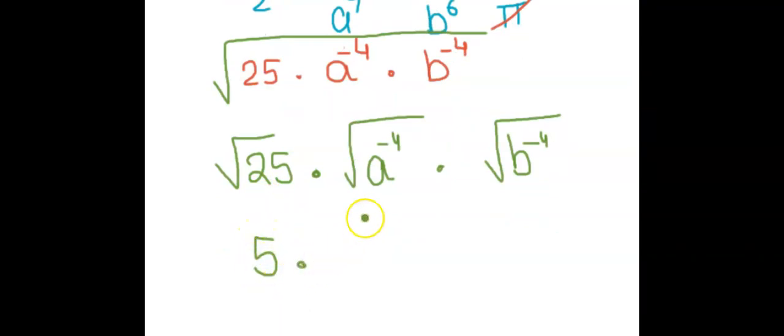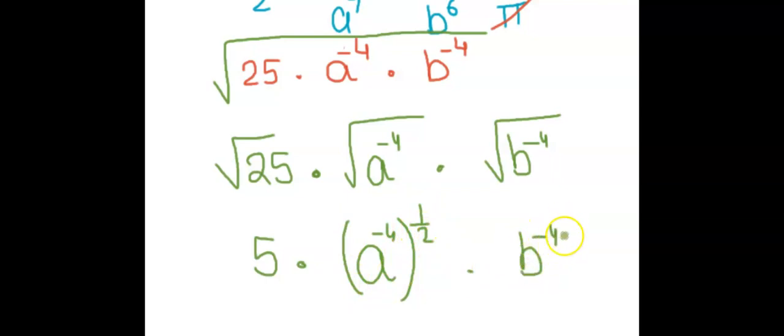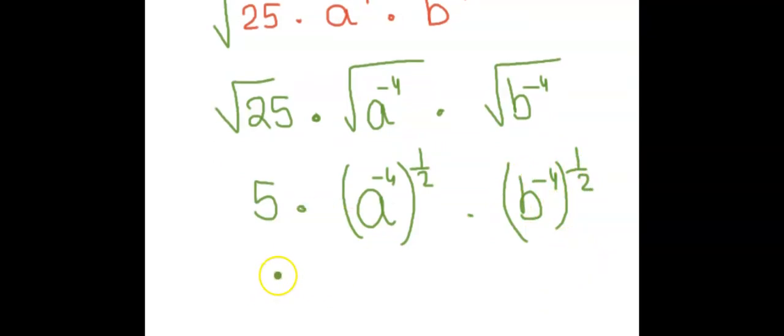Okay, 5. This thing is a to the minus 4. Now I said square root is actually a half, so I'm going to put a half here. This is b to the minus 4, and we agreed that square root is a half, so I can do that one. Now 5 is here as it is. That will multiply minus 4 times half, and you know half of 4 is just 2.